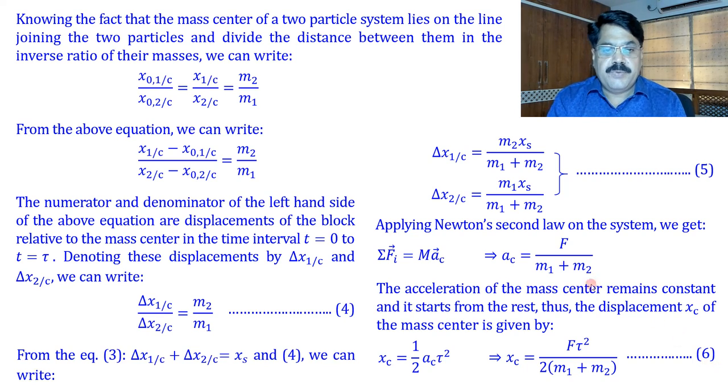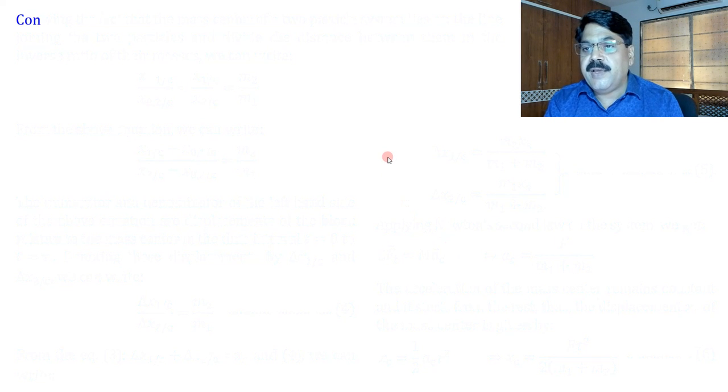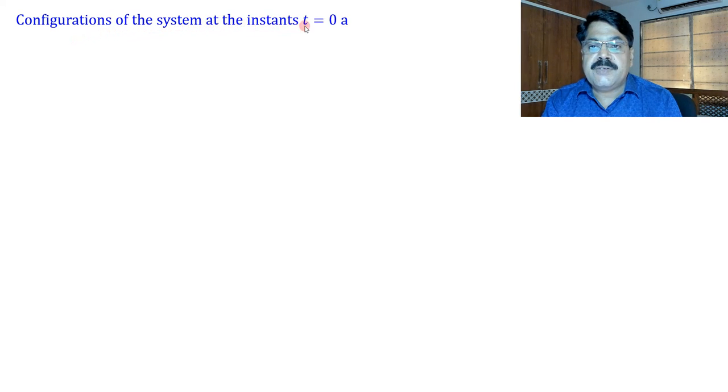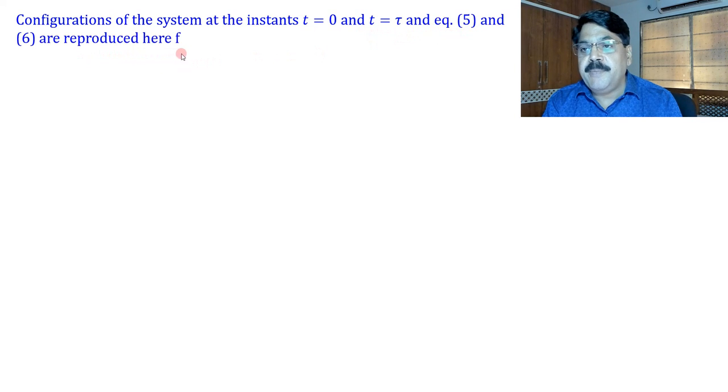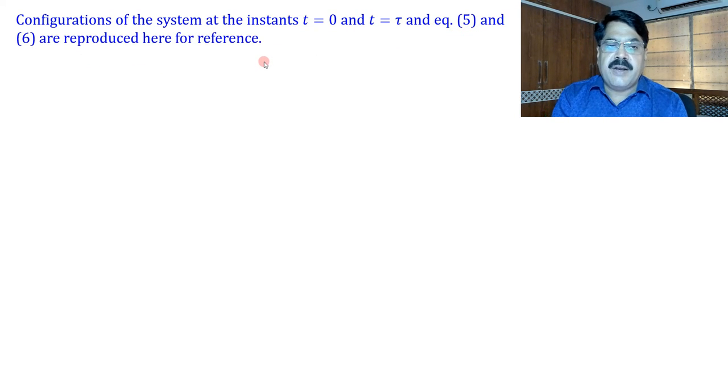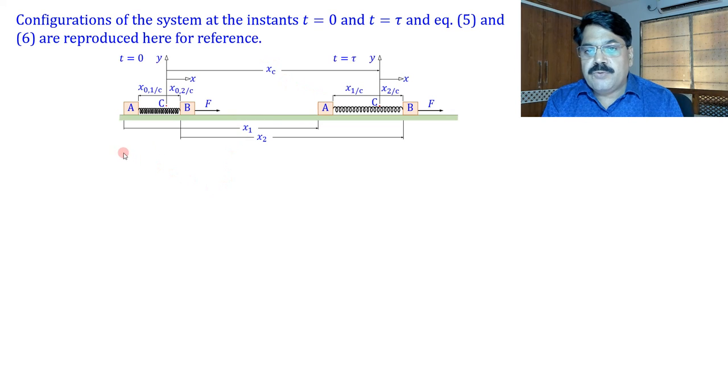Now we take the results written in equation 5 and equation 6. These quantities we show in the diagram. We again redraw the diagram and show these quantities. See here, the configuration of the system at the instant t equal to 0 and t equal to tau, and equations 5 and 6 are reproduced here for reference. So that was the diagram.